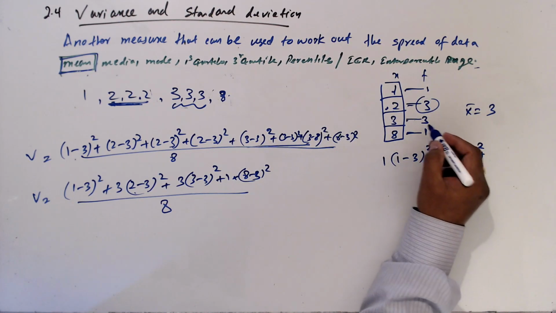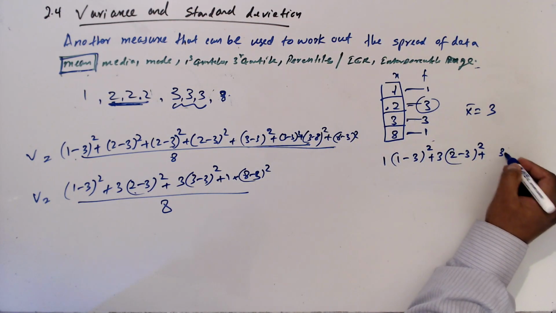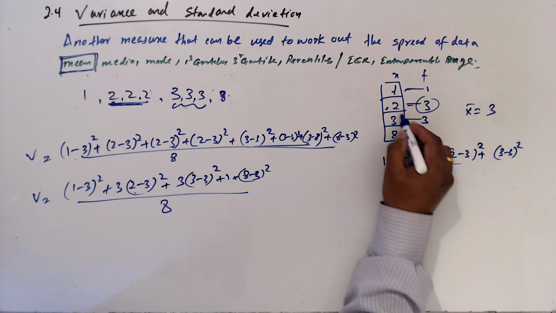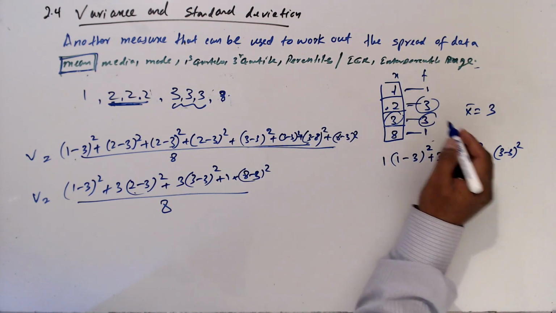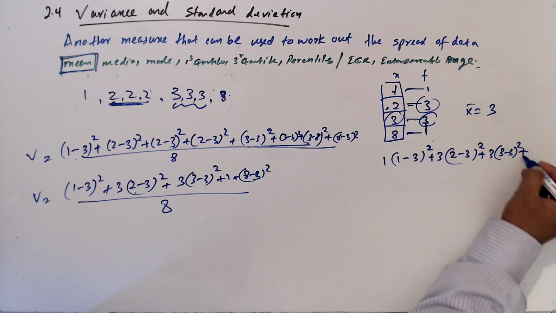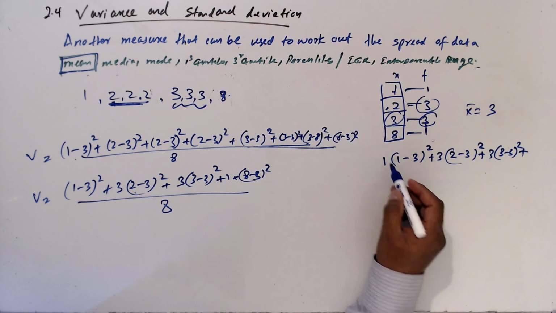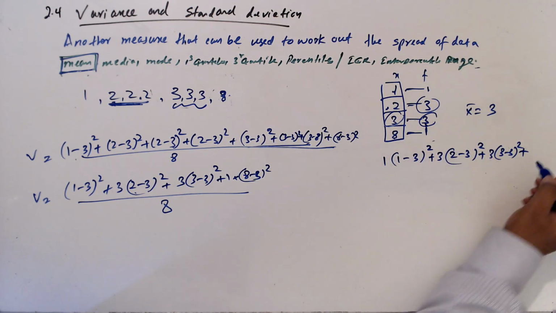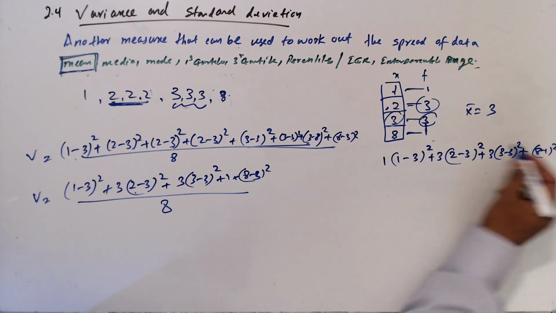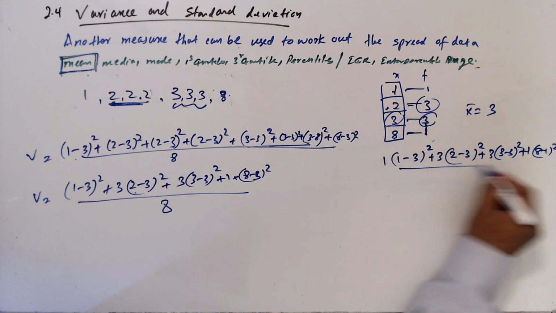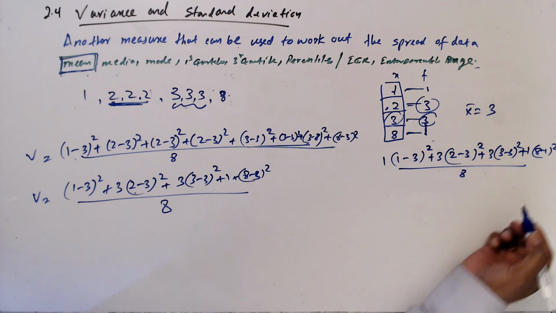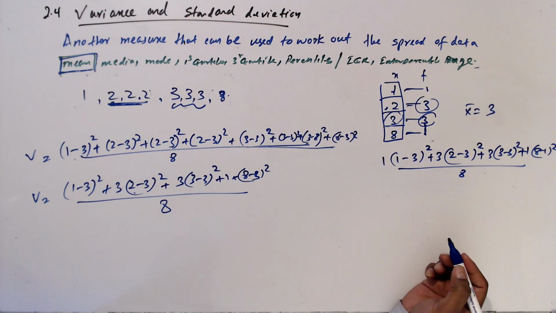And then 3 minus 3 square, how many of this one? 3. And then 8 minus 3 square, how many of this one? 1. Divide by 8, the total frequency.